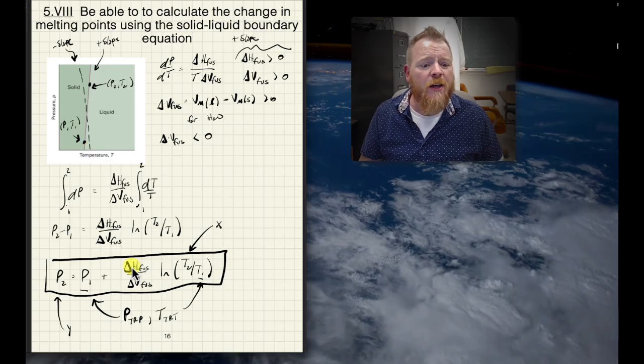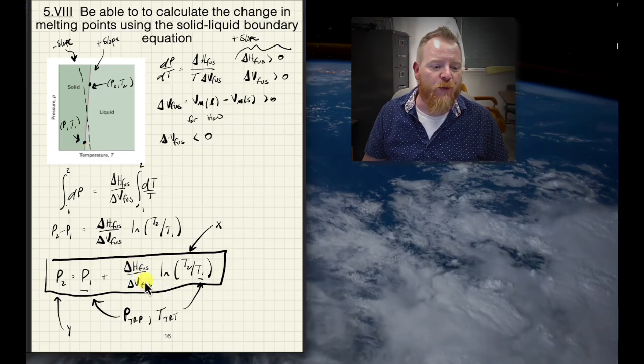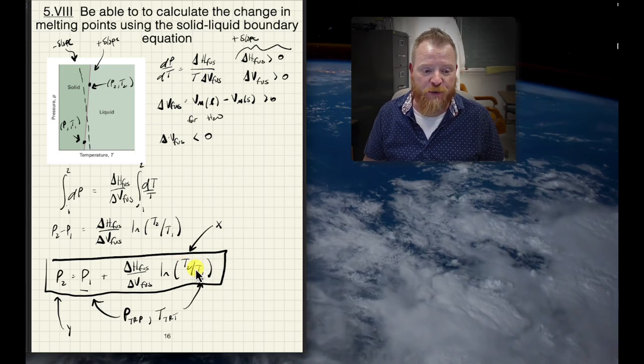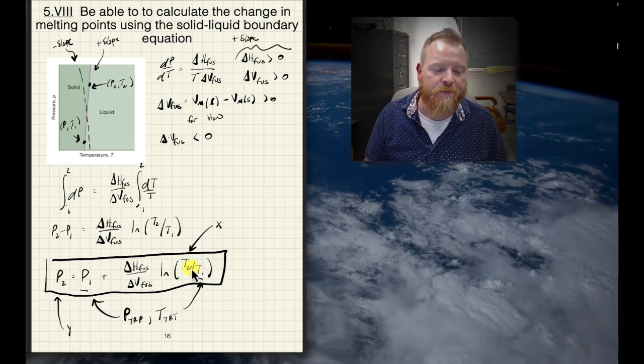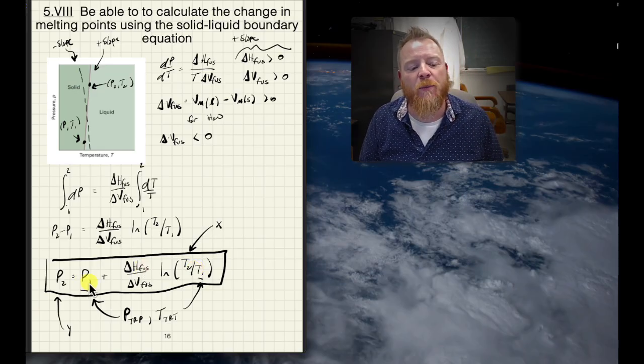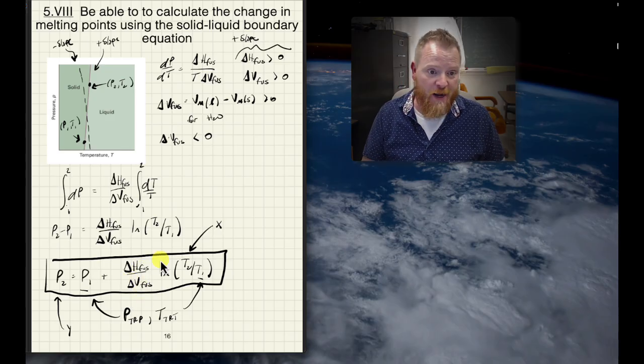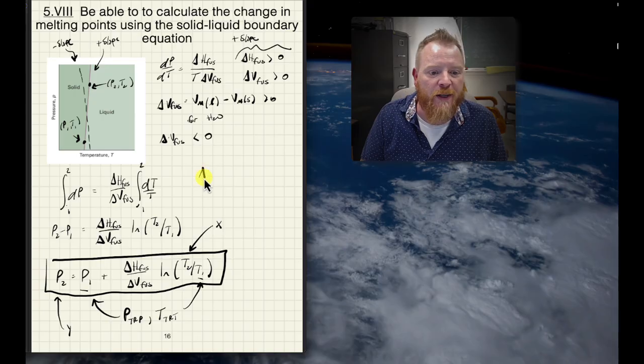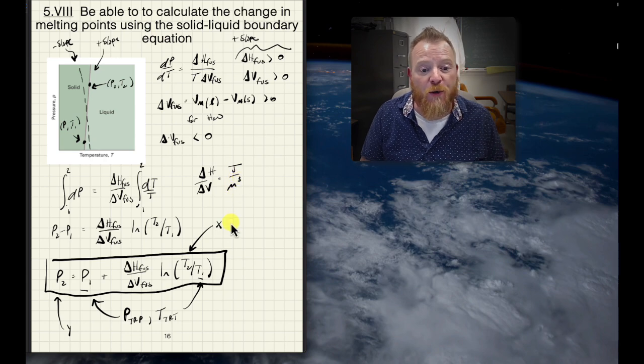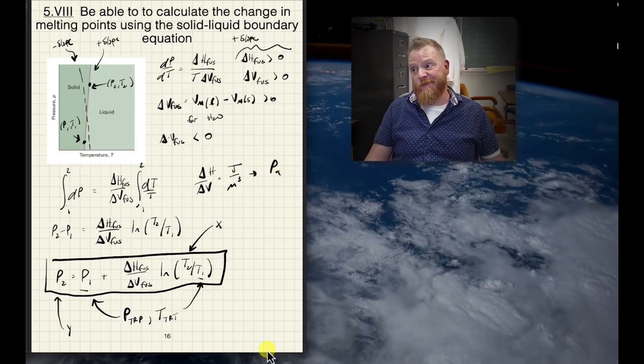Now thinking about the units here, whatever we have in the natural log will cancel, so it doesn't matter so much, even though we know we have to use Kelvin. But we have a choice of what pressure units to use depending on what we've done for delta H and delta V. So let's look at those units really quick. Delta H over delta V is going to be joules per meter cubed, and a joule per meter cubed is a Pascal.